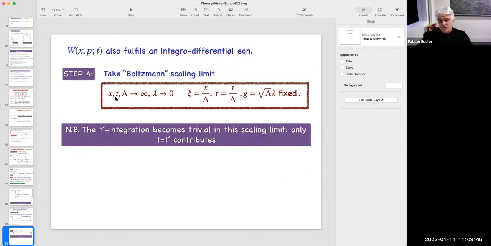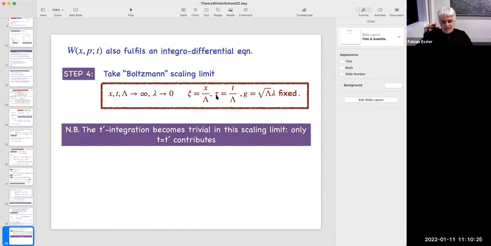So you consider late times, large values of x, and weak interactions, such that the distance x over some scale, which you take to infinity, is held constant, and the time t over some large scale is kept constant, and the interaction strength lambda is scaled to 0 in this fashion when the scale becomes large.